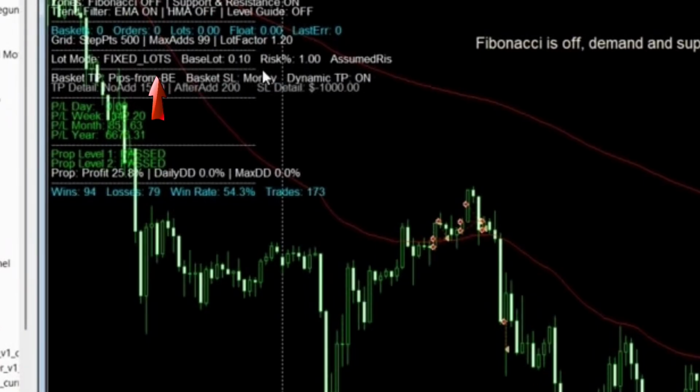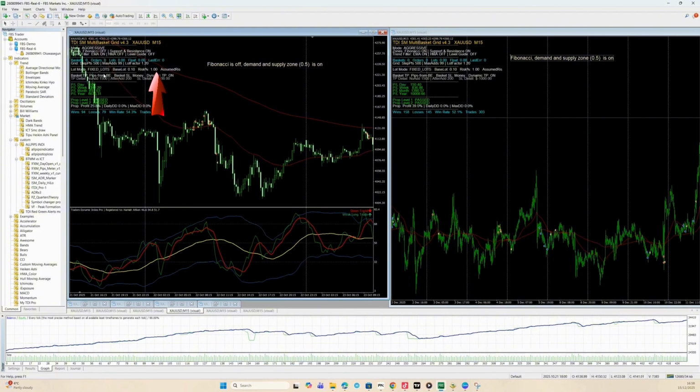I'll also show you this later. So in this case, I'm using a fixed lot, and this fixed lot uses a base lot of 0.1, risking 1%. So if you're using percentage, you can say I want to risk 1% on every trade, or I want to risk 0.1 on every trade.